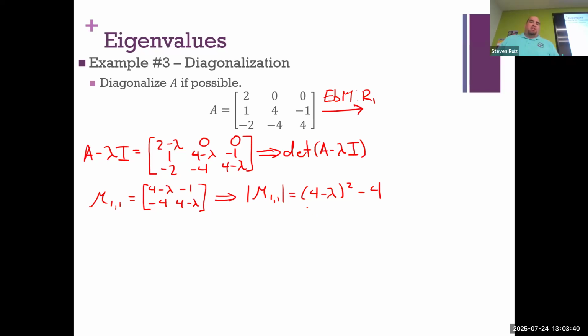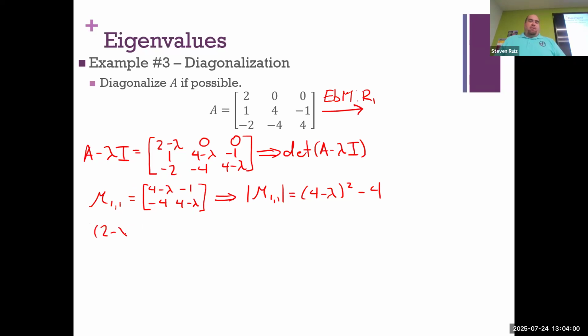Now that I have this determinant, what's the cofactor going to be? 2 minus lambda. I multiply it by the entry that I centered that expansion around.